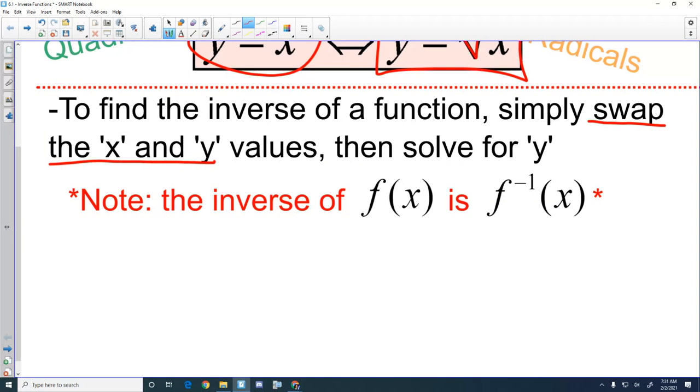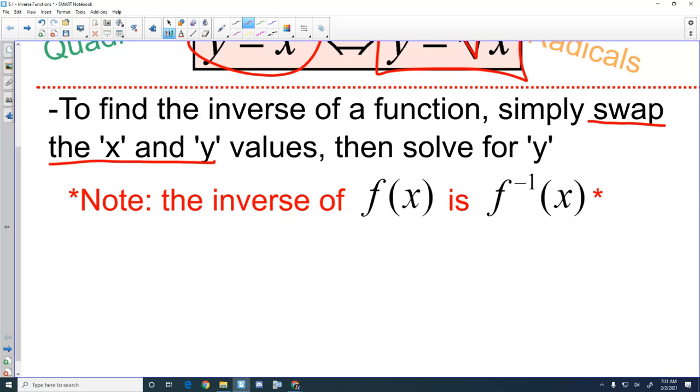Wherever there's an x and wherever there's a y, just switch their locations and then solve for that new y. You're putting the y in the middle of the equation, where the x was. Then you want to cancel everything else out until you're left with just that y variable, until it's like y equals again. And that'll be considered your inverse function.